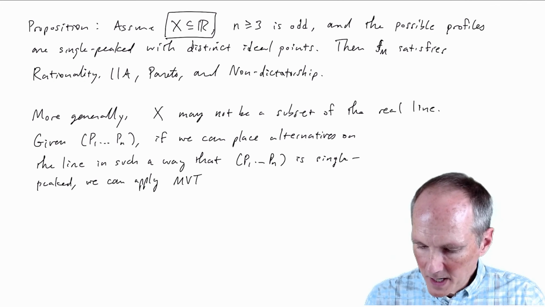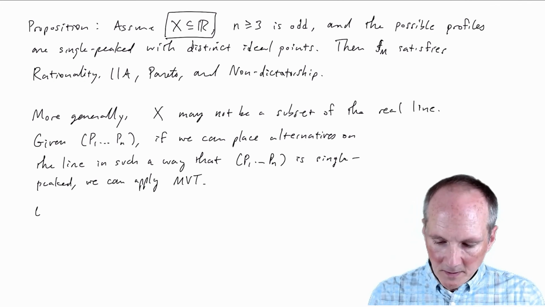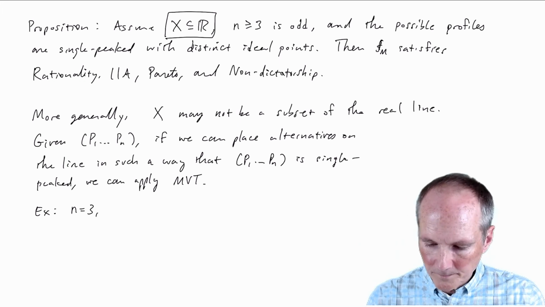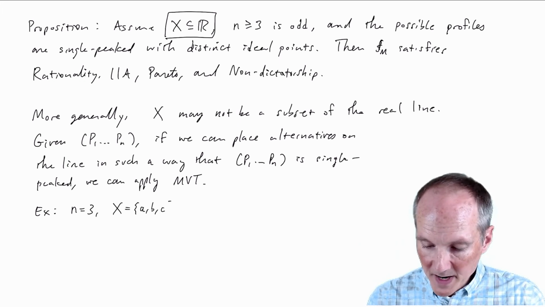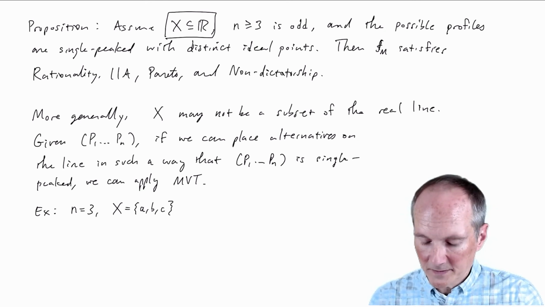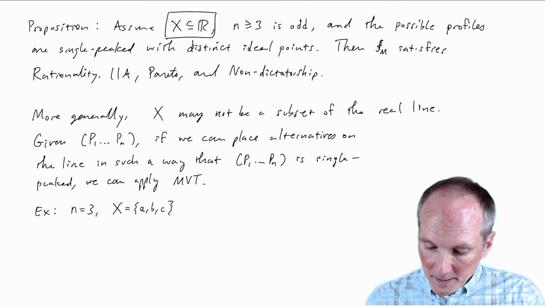All right, so for example, suppose we have three alternatives, let's say, and three voters. Our alternatives, let's just call them A, B, and C, and they might not be numbers, okay? So they're not literally elements of this real line. But suppose we have a profile like this.